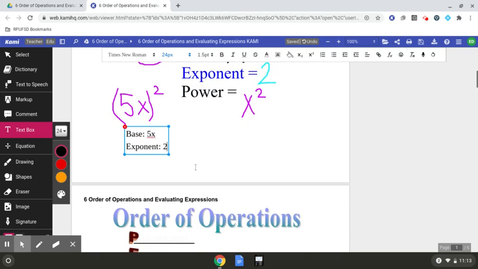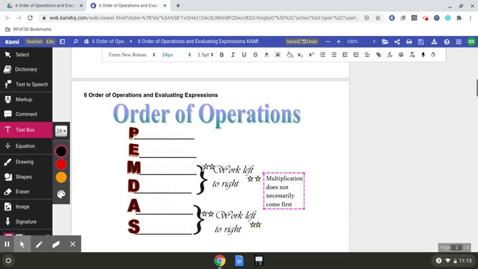Now we're going to talk about order of operations, which in your notes is all filled in for you. You've definitely done this last year. This is PEMDAS. The P in PEMDAS stands for parentheses. You always work on parentheses first. Then you work on exponents.